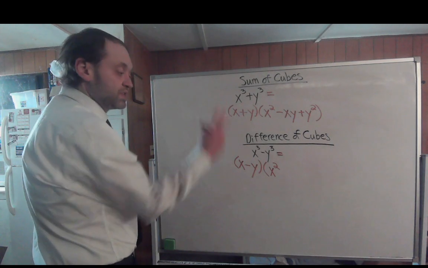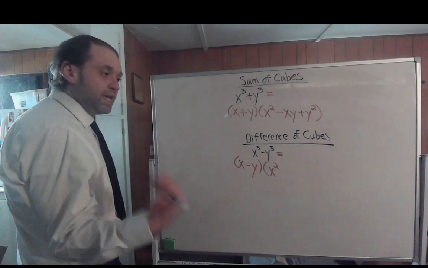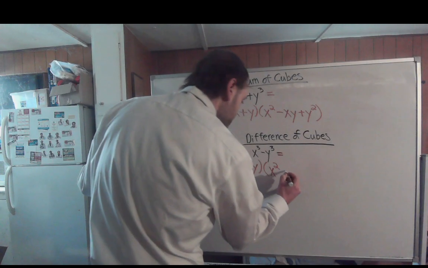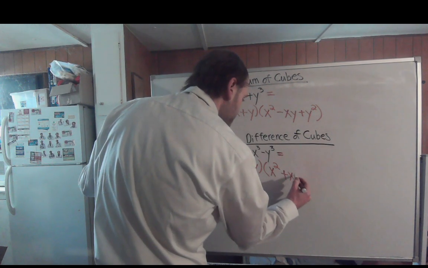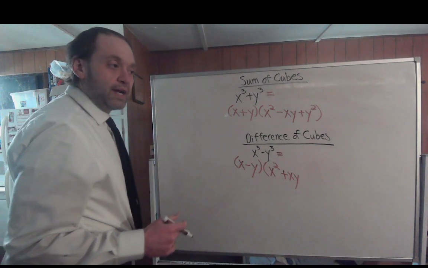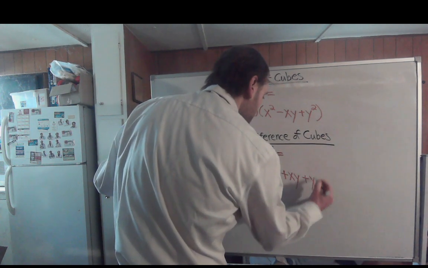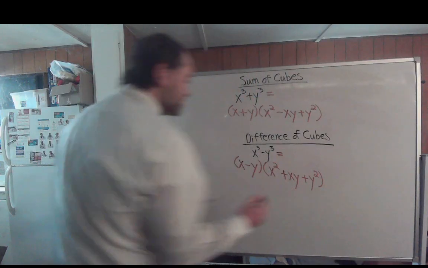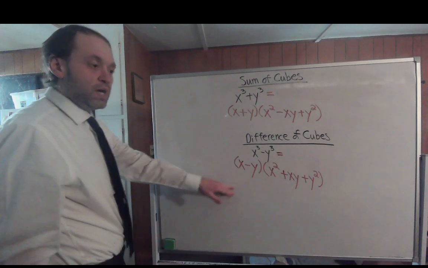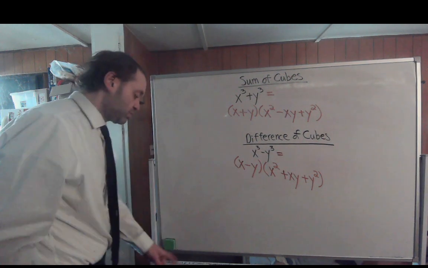So just like with the sum, you'll multiply the two terms inside the first factor and then you'll negate it. So this would turn into plus xy. And then you'll take that last term of negative y and raise it to the second power. You would get positive y squared. So this would factor into x minus y, that quantity, times x squared plus xy plus y squared.